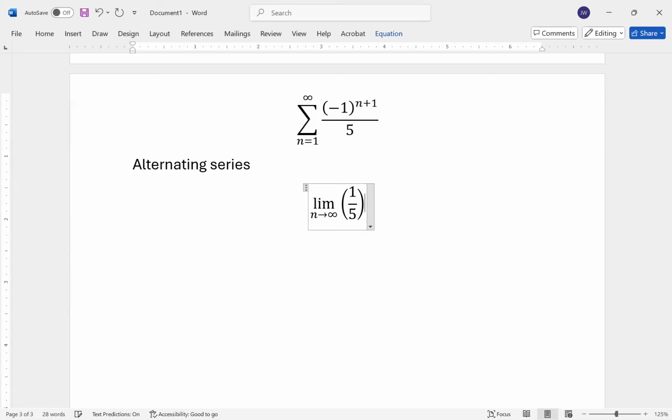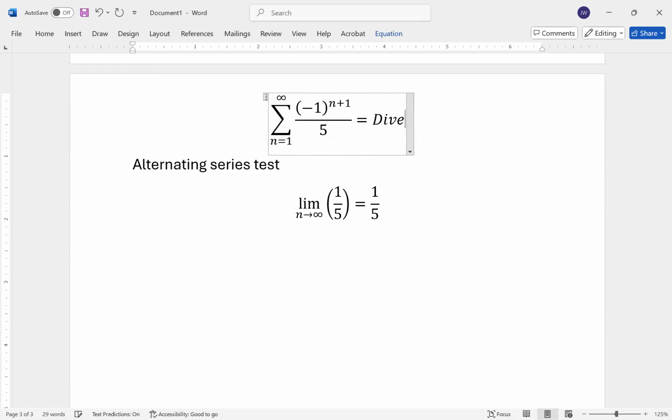Well, in this case, if I factor out the -1 to a power part, I end up with just a 1/5. That's not affected as n goes to infinity. That actually has a limit of 1/5. So by the alternating series test, this infinite series diverges.